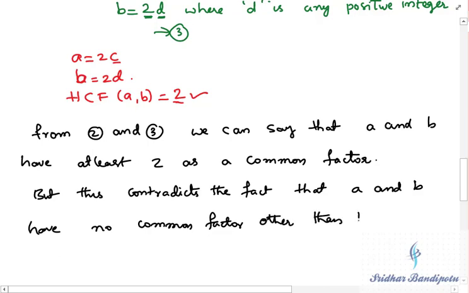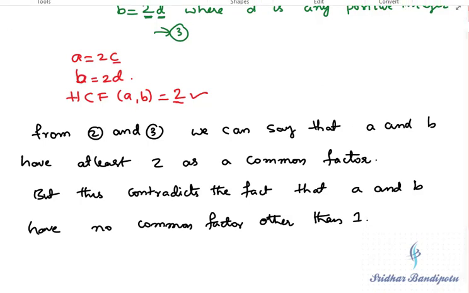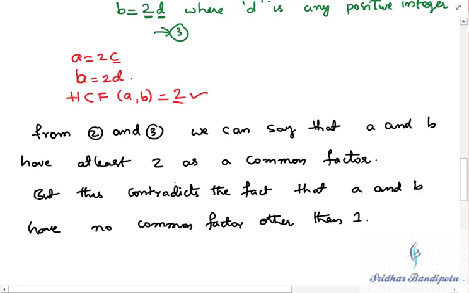Yes? In the beginning we have taken HCF is 1, so the common factor will be 1. Okay? So from the statement I am writing A and B have no common factor other than 1. So this contradiction has arisen.